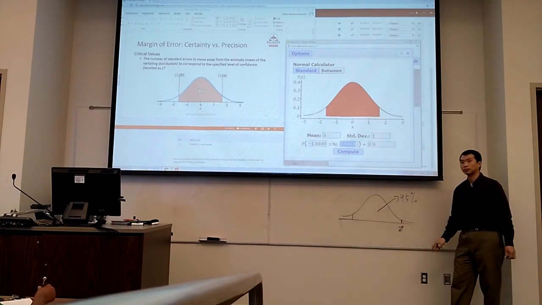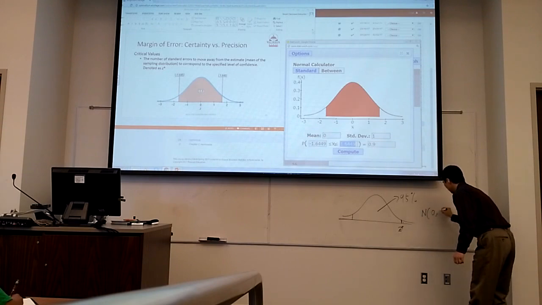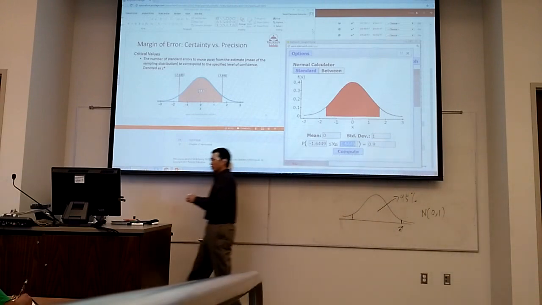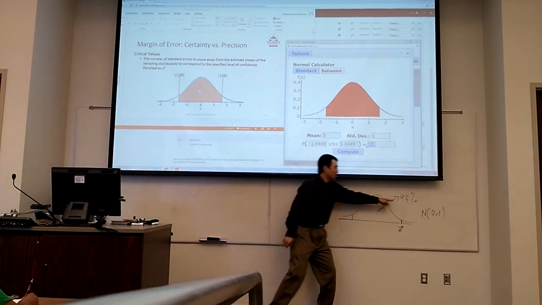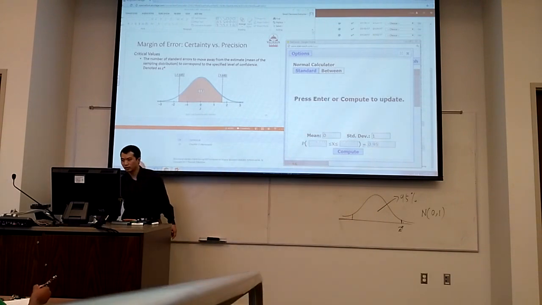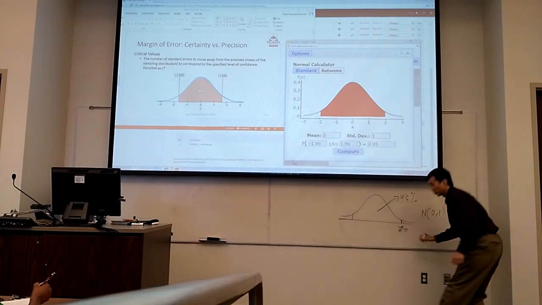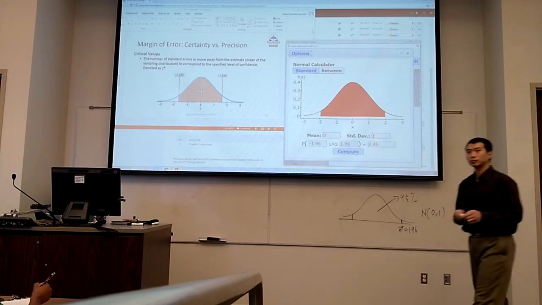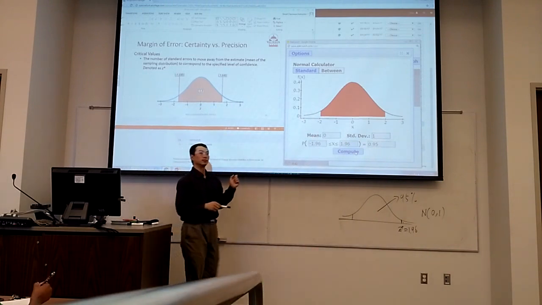This is a standard normal distribution, so how to find this one? Still, let's use the stat box. We know 2 standard deviations cover 95% of the area, so I put 95 there, and that gives us our critical value, 1.96.